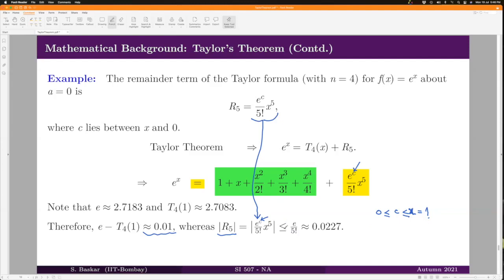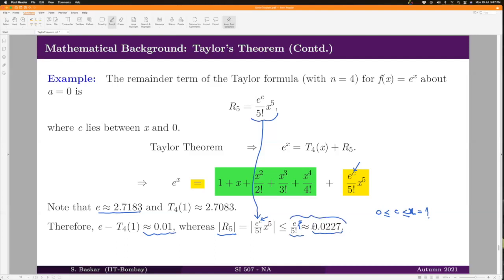Therefore, you have e to the power of C less than or equal to E, and similarly the X value is 1, therefore that is going to come as 1 to the power of 5 here, and therefore you have this value. E you know is given by this, therefore you can explicitly find the value of this expression.